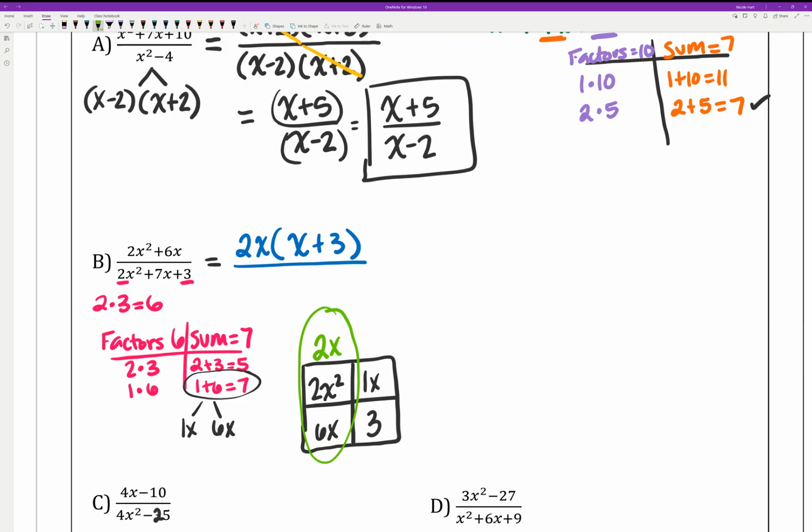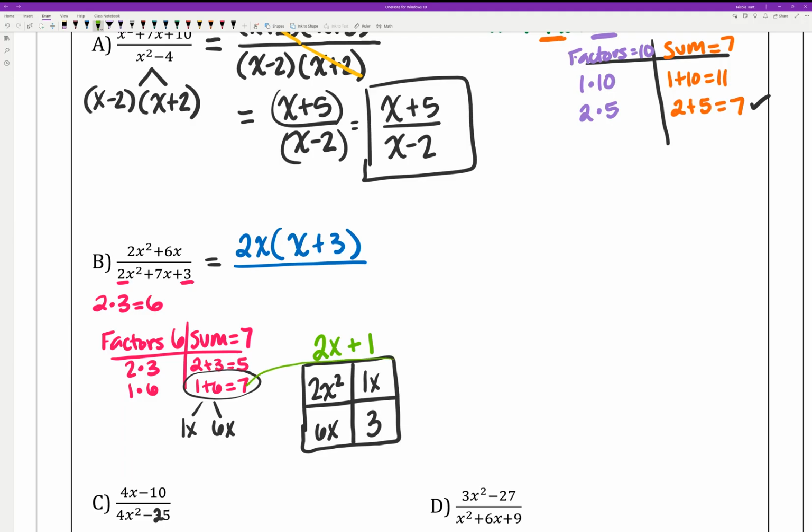So for that column, my GCF is going to be 2x. I'm going to do the same for the right column. For 1 and 3, the greatest common factor is just going to be 1. And I don't have an x in both terms, so I'm going to leave it as is. And since all of these numbers are positive, I'm going to put a plus sign in the middle.